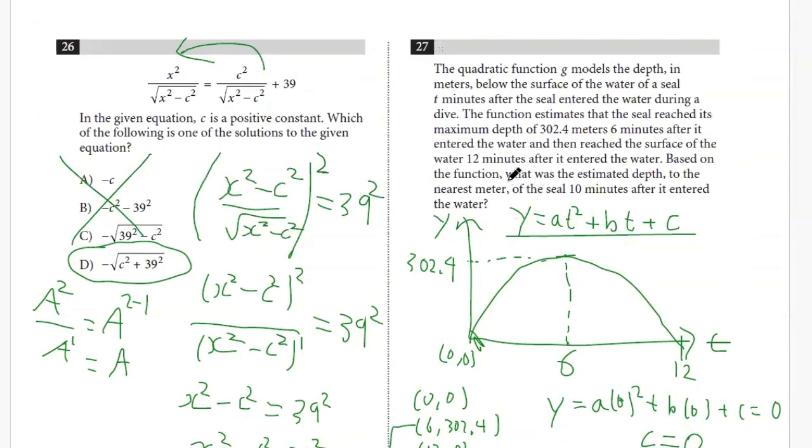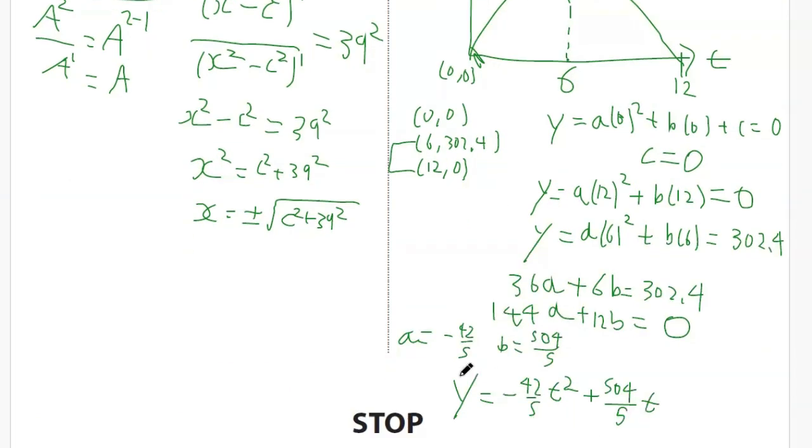And the question says, what was the estimated depth to the nearest meter of the seal 10 minutes after it entered the water? So instead of t, put 10. So y of 10. And if you punch this in your calculator, I'll go ahead and do that right now.